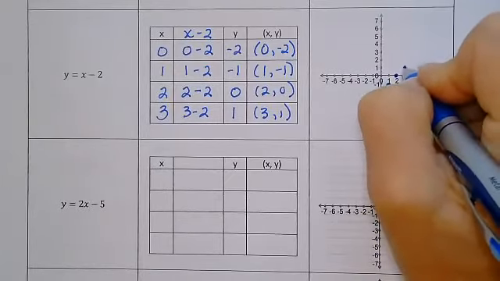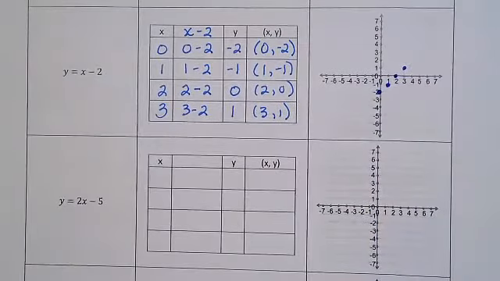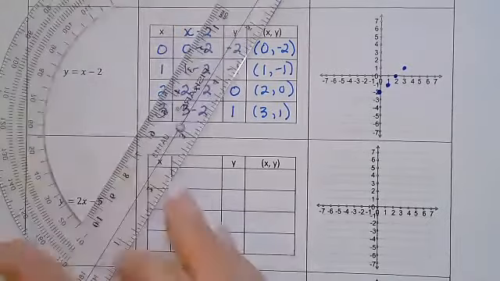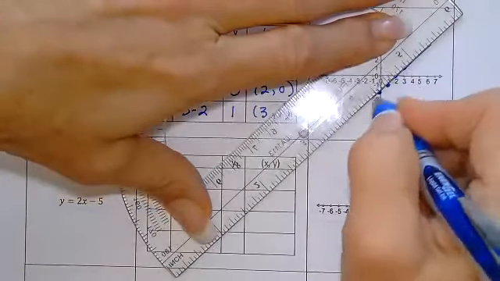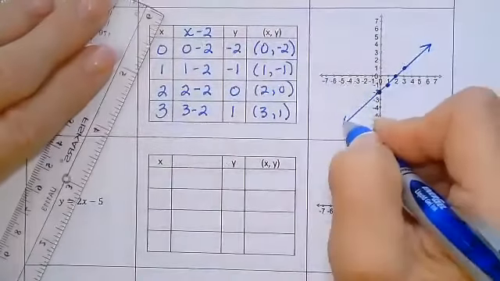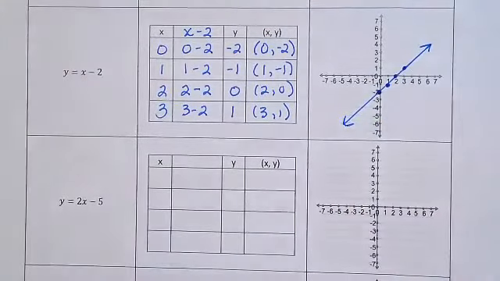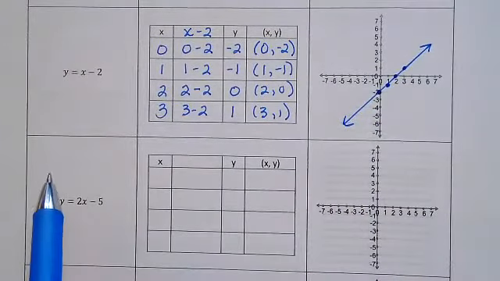And 3, 1. And that is the graph of the function y equals x minus 2.